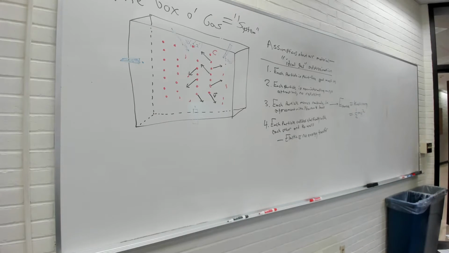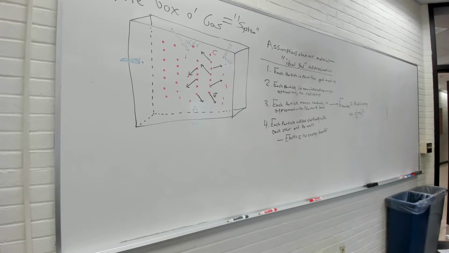Every particle has 1/2 mv squared energy, where the velocity is random, because some particles might not be moving at all, some might be moving very quickly, some in an intermediate way, because they're moving randomly.